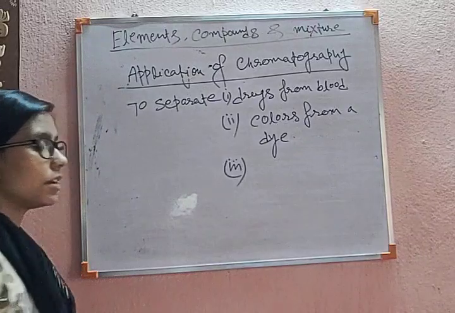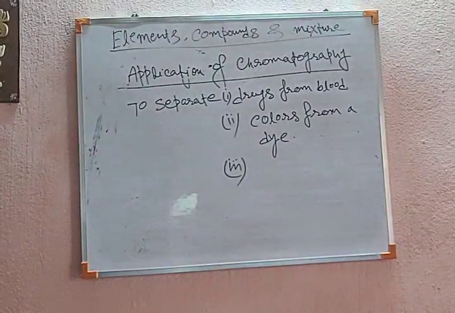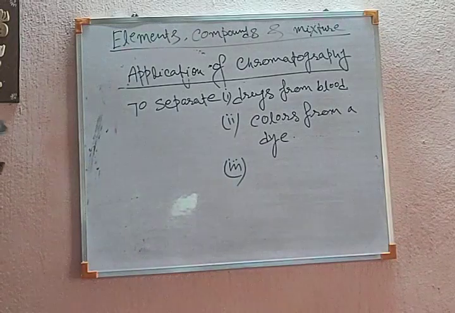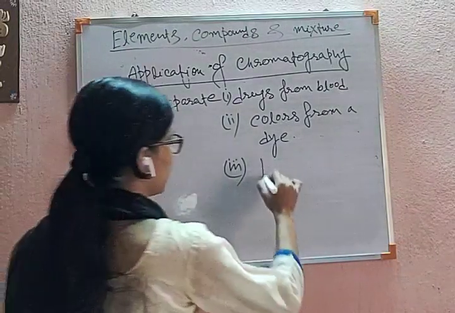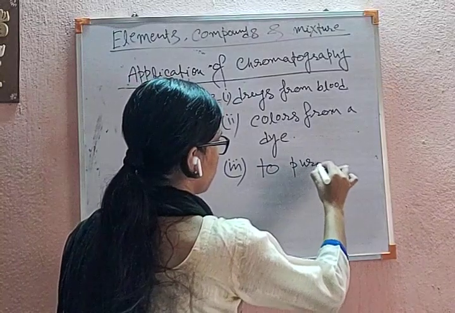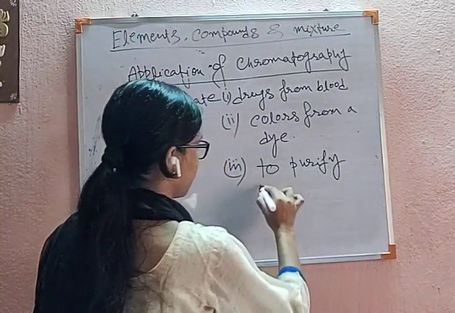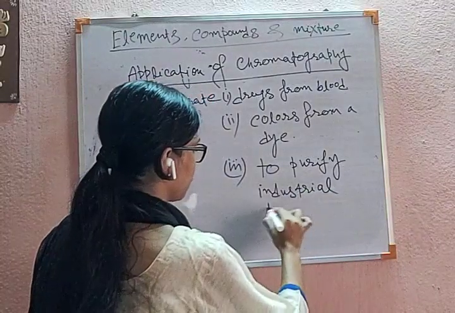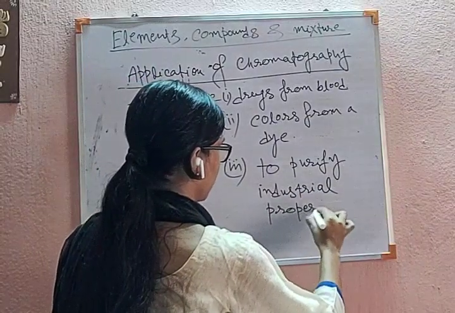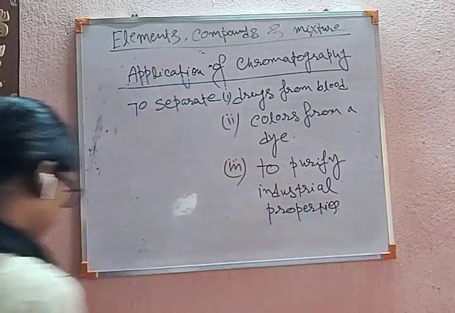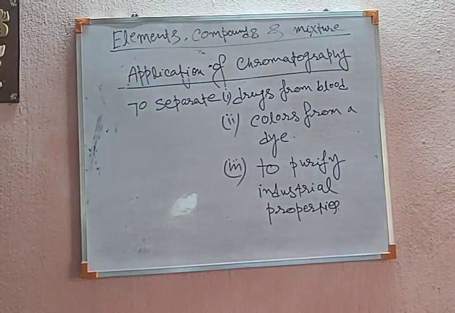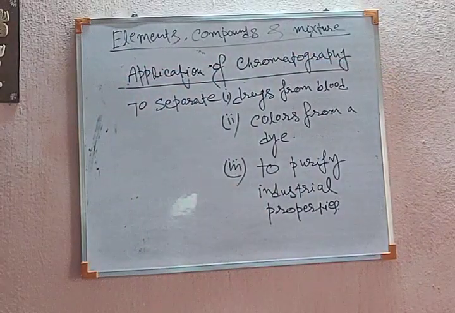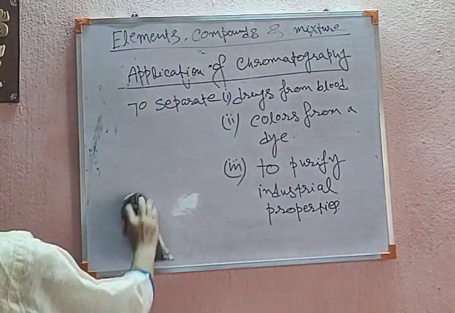As I have said, it can be used in quantitative estimation, and we can identify the percentage purity, percentage impurity, etc. So, to purify industrial products. The next is the separation of liquid-gas mixture.